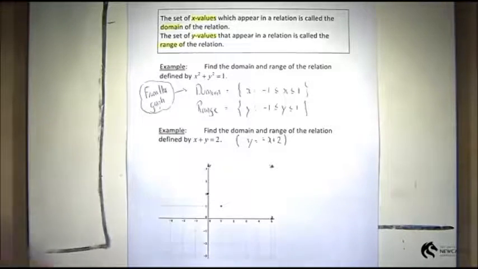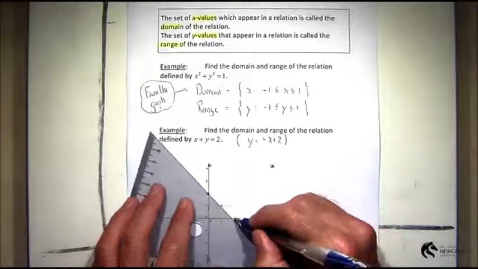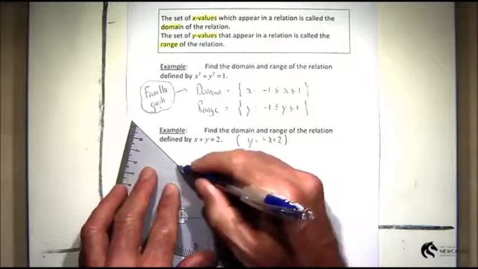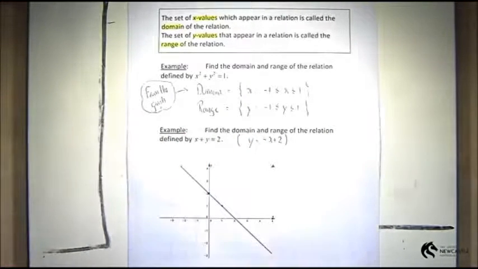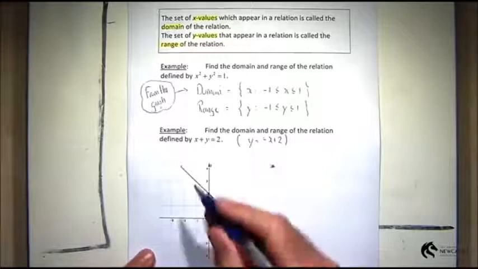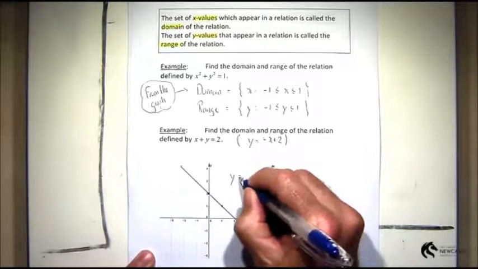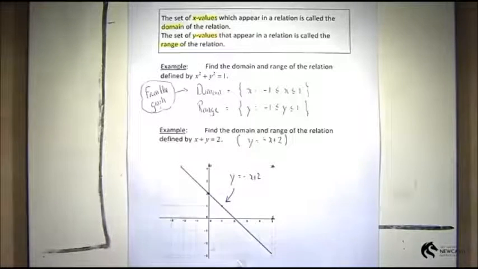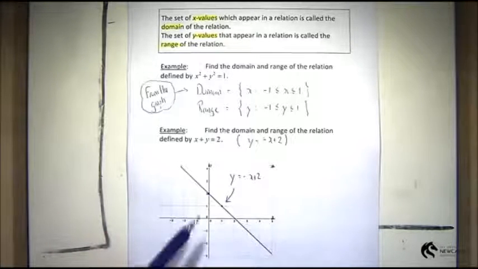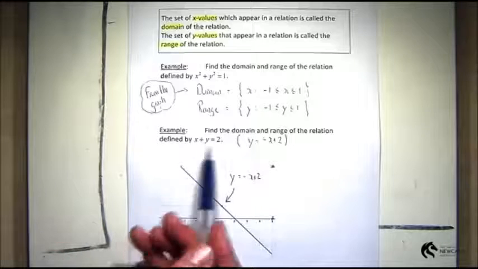So there are 2 points on the line, and so I can actually graph this one. So there's the graph of that. So this is the graph of y is equal to minus x plus 2. So there is a pictorial representation of all the ordered pairs in this relation.